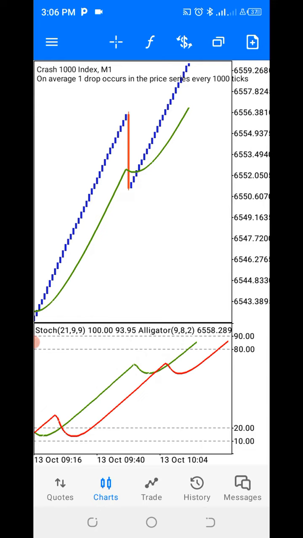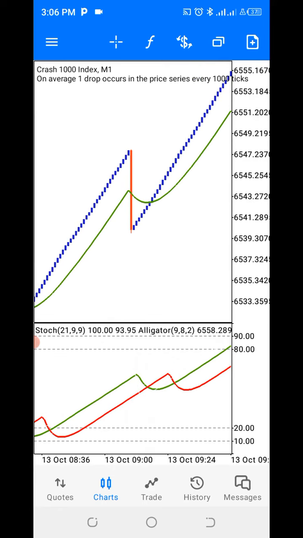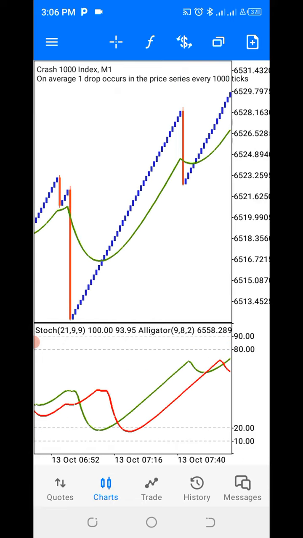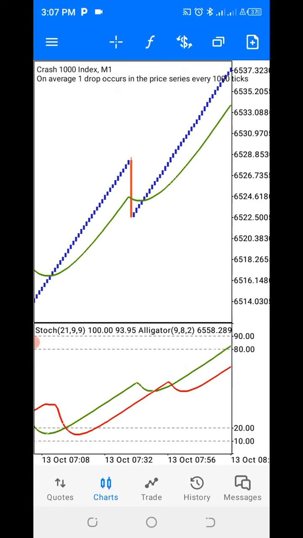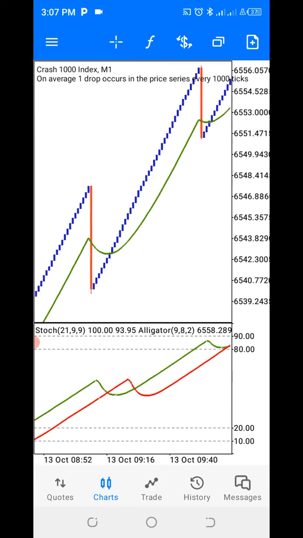Right, the strategy works perfectly on Crash1000 and Boom1000. This is a scalping strategy where you can take 5 to 10 candles, or 15 to 20 candles, depending on your account size and the kind of trader that you are. So I'm going to do justice to both conditions: where you take 5 candles and where you take 20 candles, as the case may be.